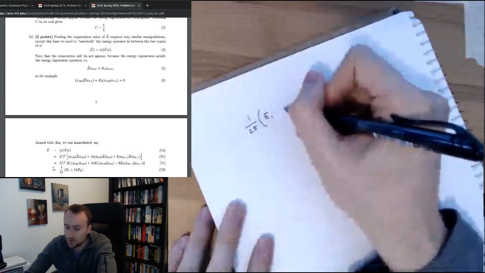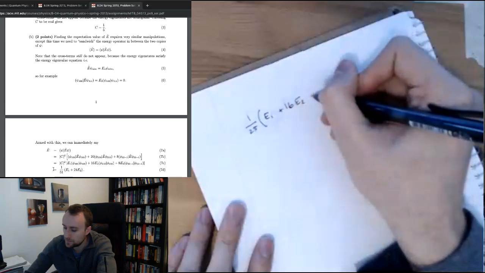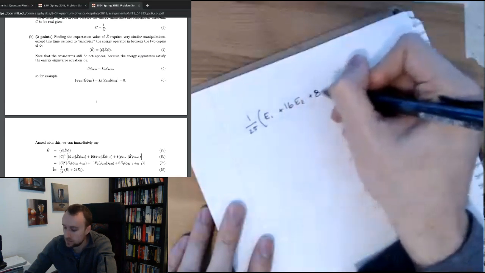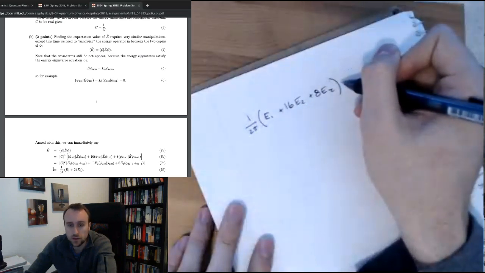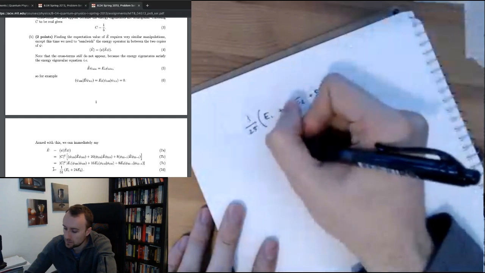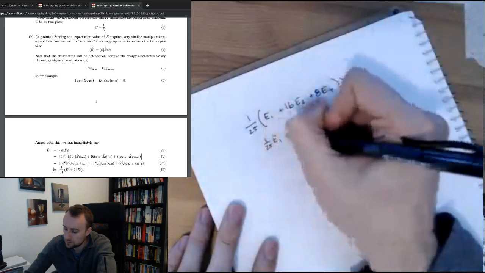This is going to be 1, 16 E2 plus 8 E2. And that's going to give us 1/25 E1.